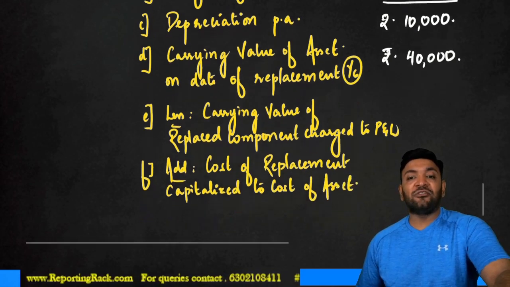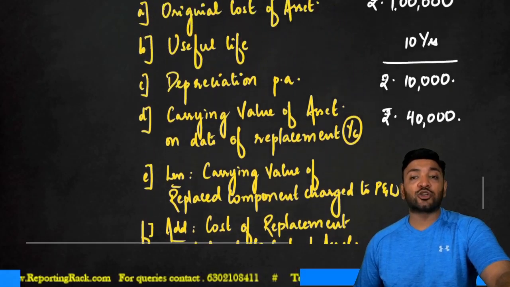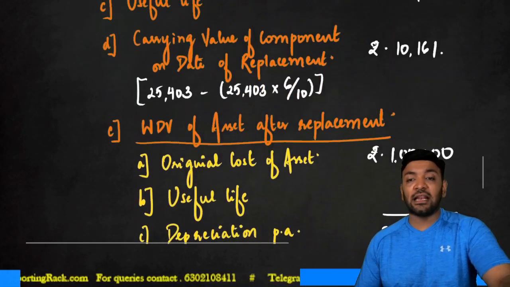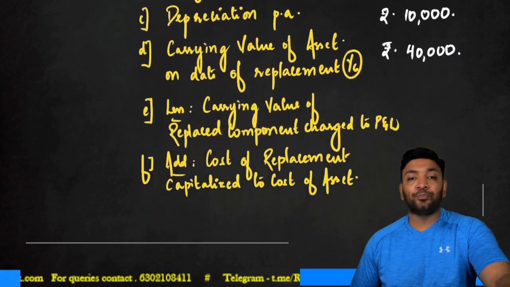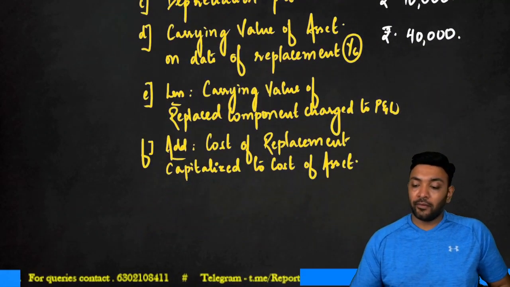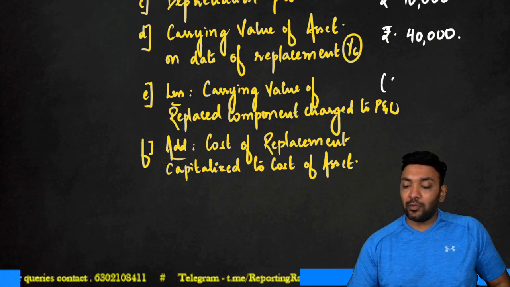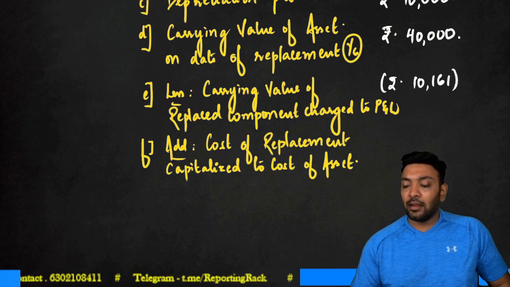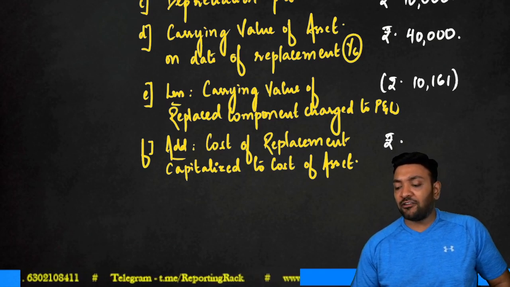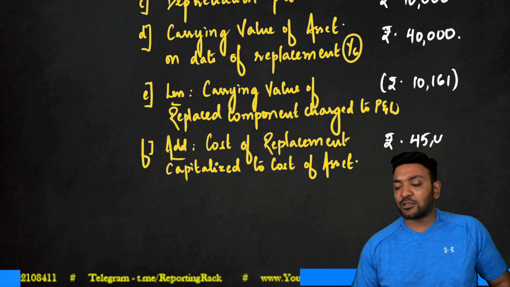Try to identify both the figures. What is the amount which was charged to P&L? The amount to be charged to P&L is the carrying value of the earlier component, 10,161. Less rupees 10,161. Add rupees 45,000, which is the cost of replacement.